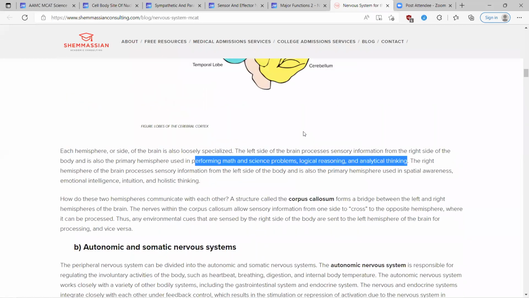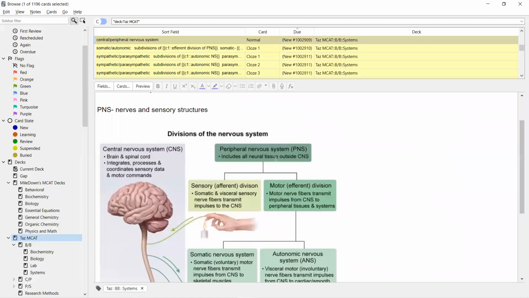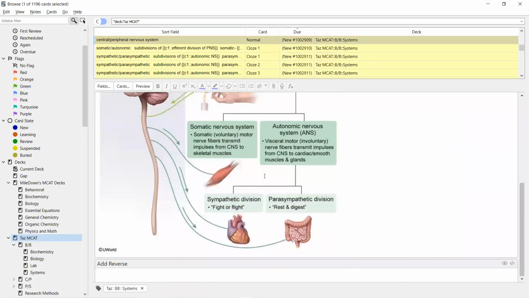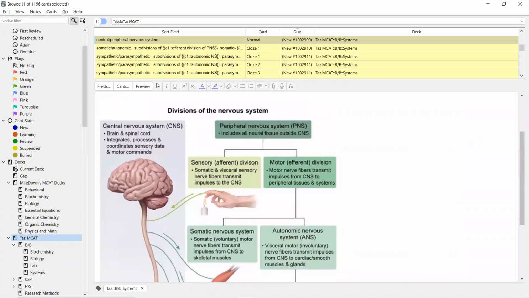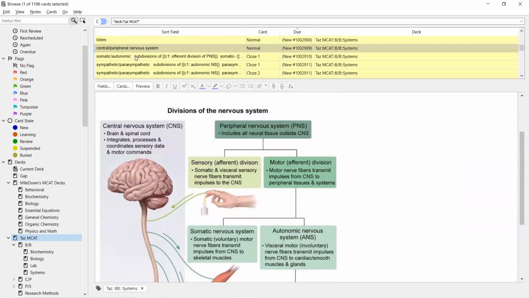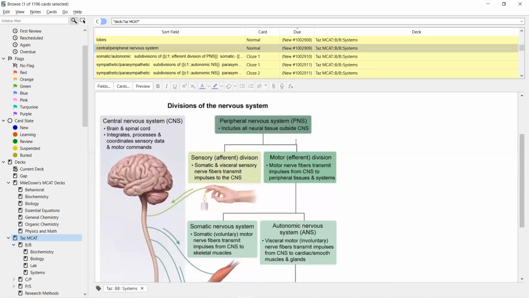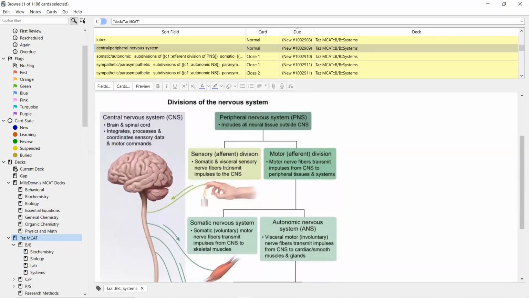The peripheral nervous system is subdivided into a lot of different options because it is all of the neural tissue outside of the CNS, right? So there's a lot of different types of tissue outside of the CNS. The first division is between sensory and motor, right?